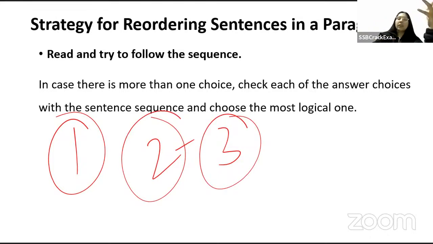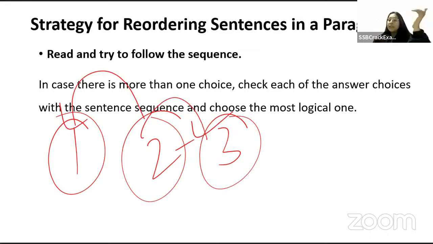So you try to read both of them and you try to relate it to the first one and see which one you think fits better with the first one, and then you can come to a conclusion and choose your answer, right? Because you will definitely come across questions or some options which will be confusing, so you have to carefully take your next step, right? So that you can logically order them.